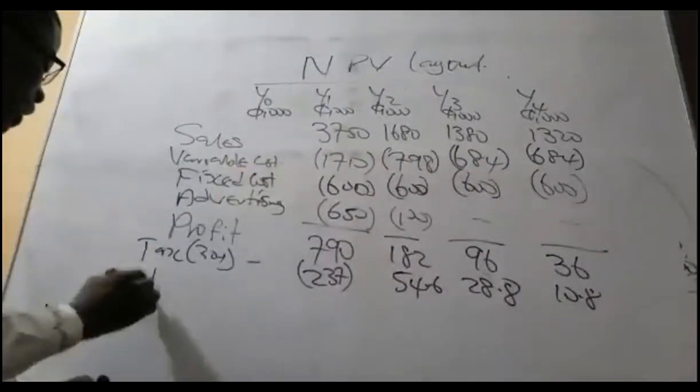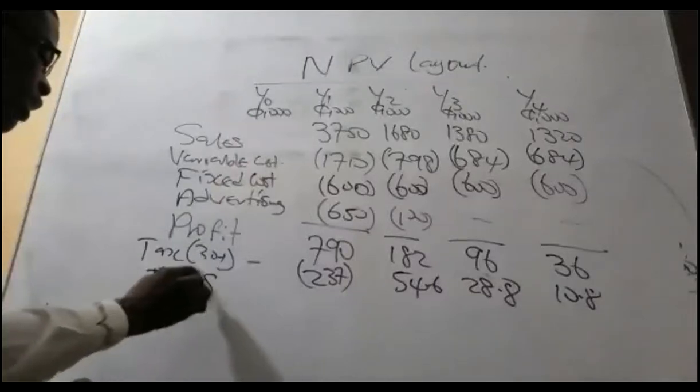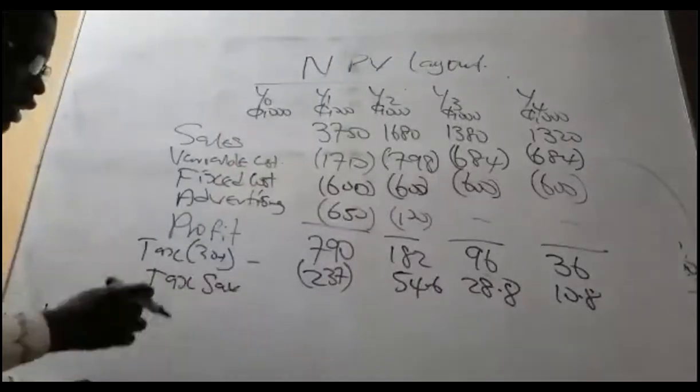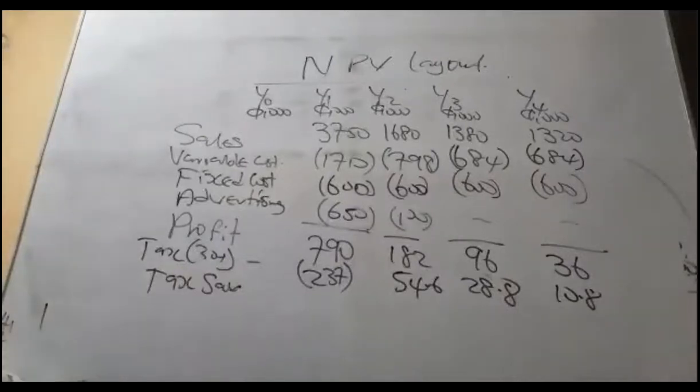Then the tax saved on capital allowance. Now the tax saved, we said that is the taxman's depreciation times the tax rate for each of the years, and you are done. So let's go and see how the taxman will calculate the depreciation, or the tax law.